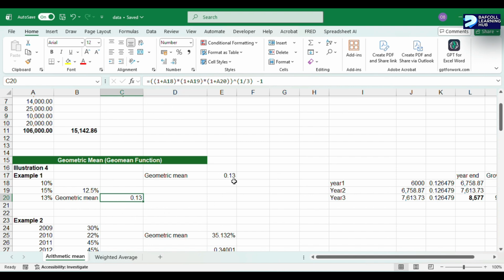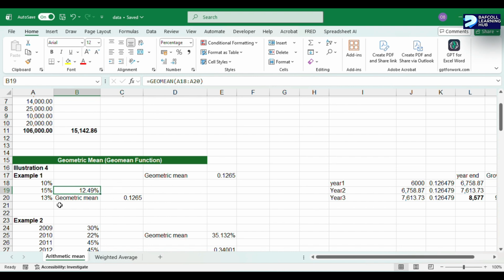But looking at the decimals, they are not exactly the same. Oh, I think they are. Okay, so using the GeoMean function and using the formula, you can see there are not many similarities in the figures: 12.65 and 12.49.